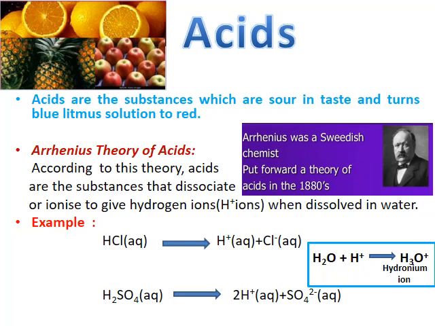So, we can define that acids are the substances which ionize or dissociate to give hydronium ion when dissolved in water. For example, hydrochloric acid in water dissociates to give hydrogen ion and chloride ion. Sulfuric acid in water dissociates to give hydrogen ion and sulfate ion.